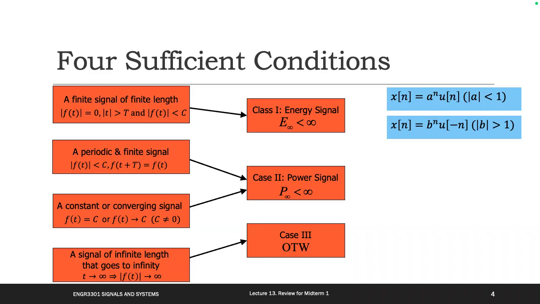Let's assume it is 2. At n equals 0, what's the value? 1, all right? Like 2 to the power negative 1, because n is always a negative integer. What's this? 2 to the power negative 1.